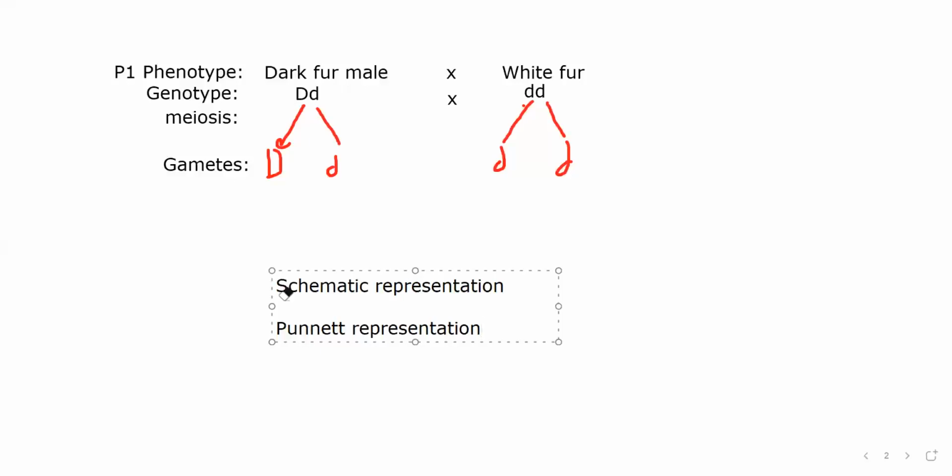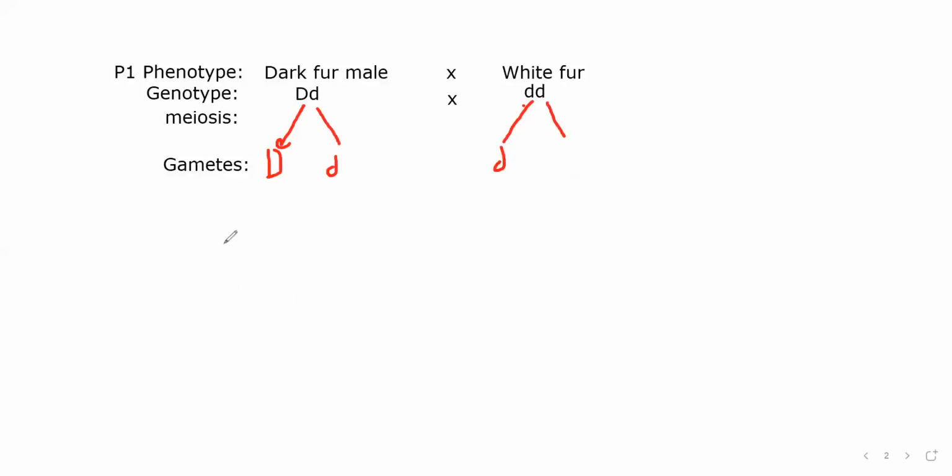But I prefer a Punnett square because it is much more neat. And although my handwriting naturally is a very poor one, nevertheless, whenever I write inside my Punnett square, it always looks very neat.